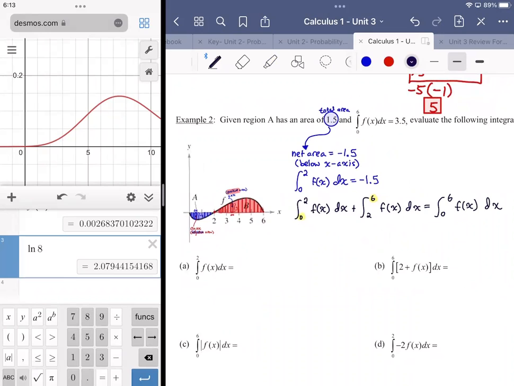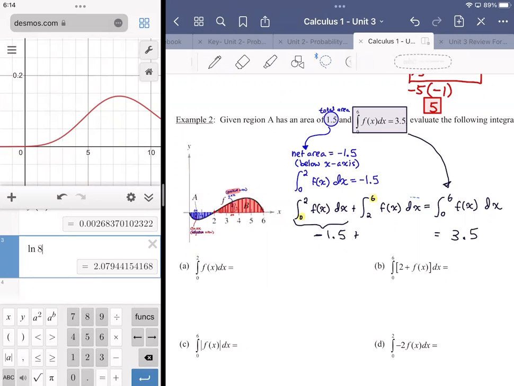All right. So since we now know that this is negative 1.5, and they told us over here that the integral over the interval of 0 to 6 of f of x dx is 3.5, we now have the means to solve for the other part, right?